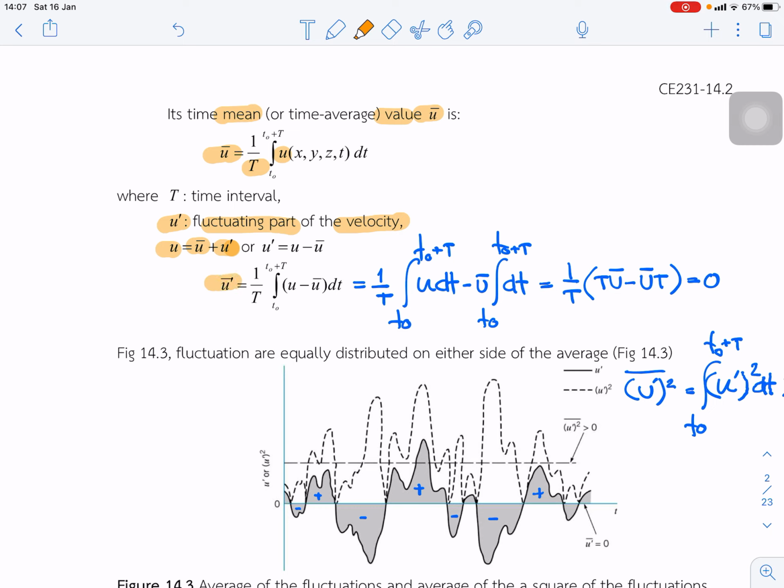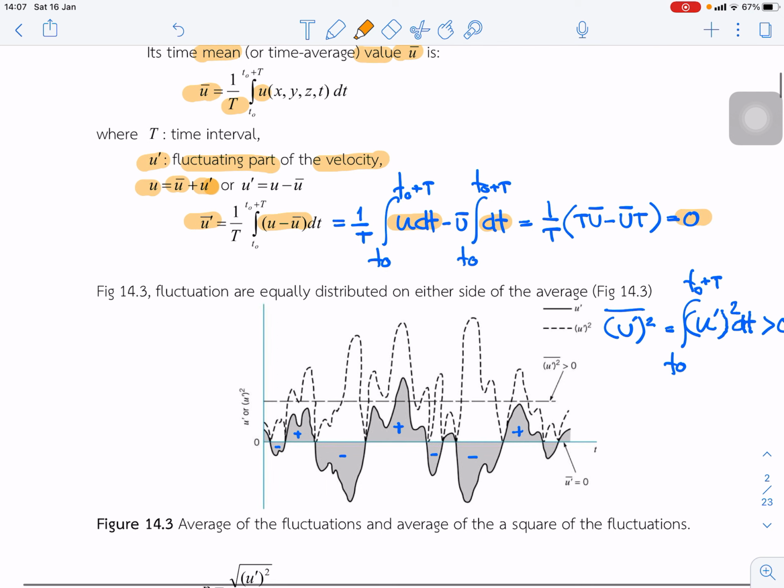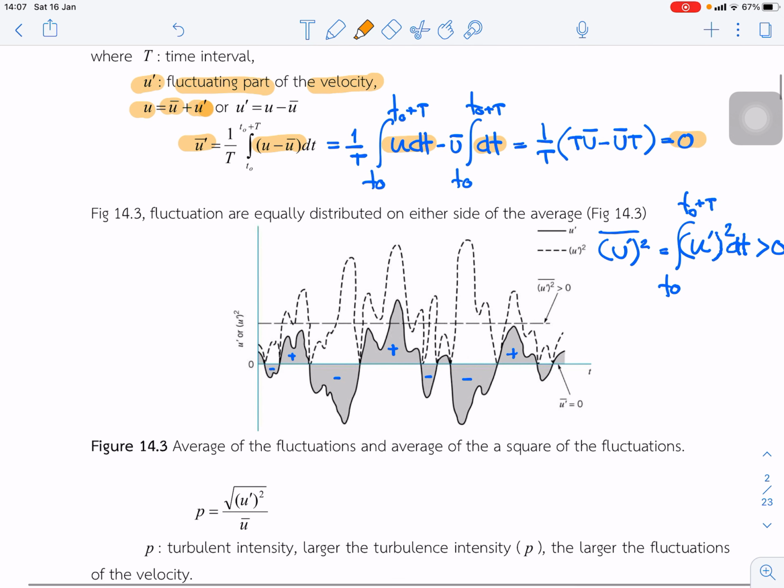We can find the average of u prime by integrating the difference between u and u bar. If you expand the equation into two terms, we find that the average of the fluctuation part is 0. So the bar over u prime is 0 because the plus and minus cancel to 0.